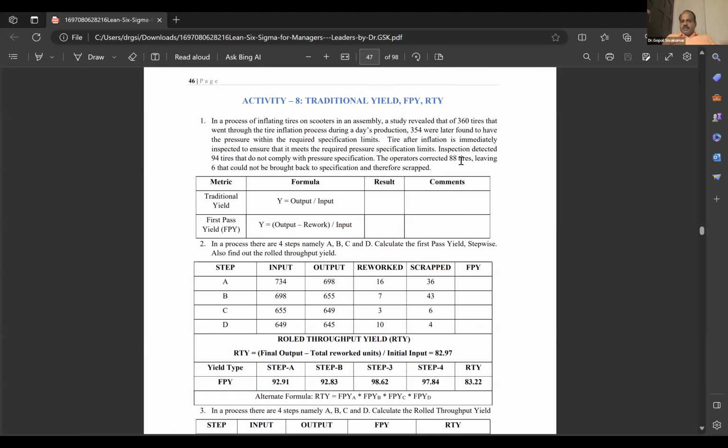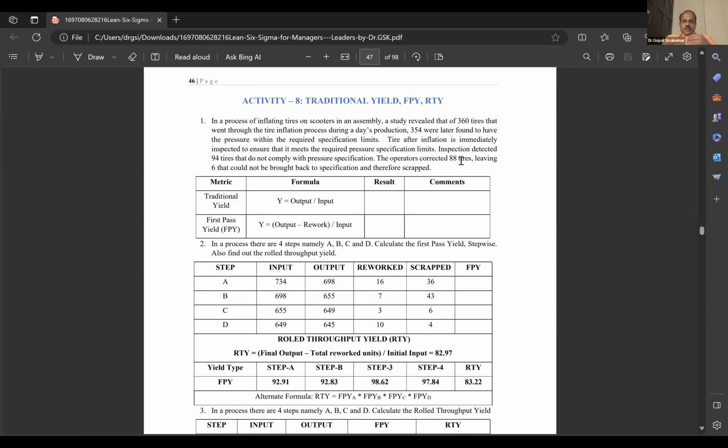Now, do you understand the scenario? What is the total number of units produced? 360. And then acceptable units? 354. But within that 354, how many units got reworked? 94 got reworked.